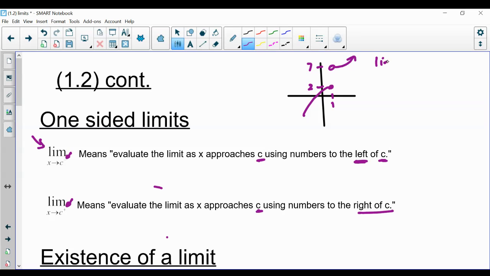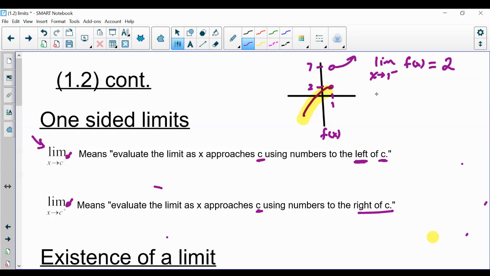Well, I would say that the limit as x approaches 1 from the left side of f of x, assuming that this function is the f of x function, well, if I were to trace this on the left side of 1, I would come in and follow this path. Well, what y value is this guy approaching? It looks to me as though it's approaching the y value of 2. So we would say that the limit as x approaches 1 from the left of my function is 2.